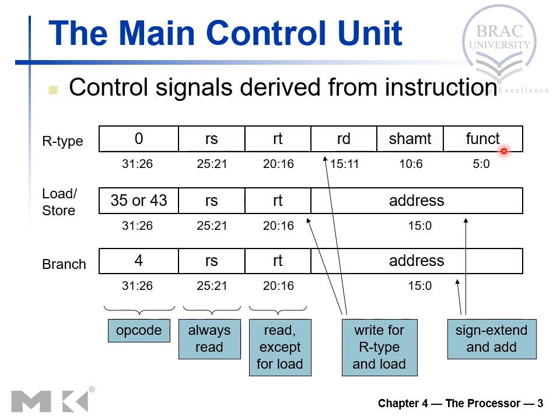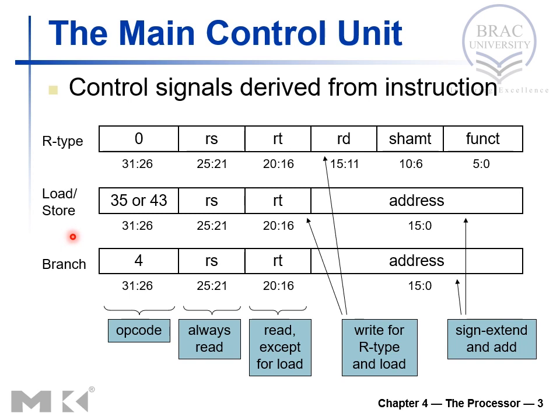Then shift amount and function. This value tells which bits are assigned for opcode, which for RS, and so on. As it can be seen, bits 31 to 26 are assigned for opcode, 25 to 21 for RS, and for example 5 to 0 are for function.